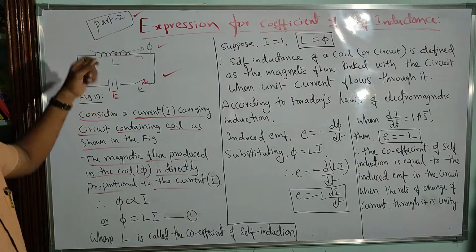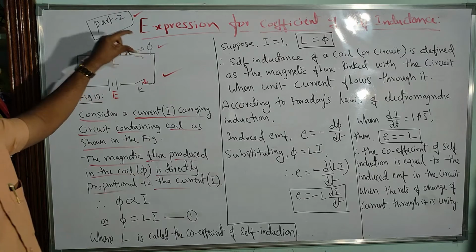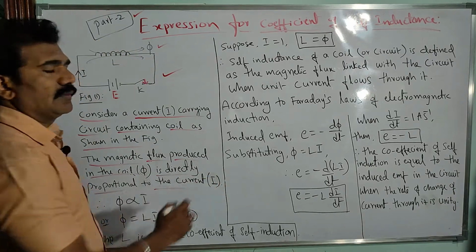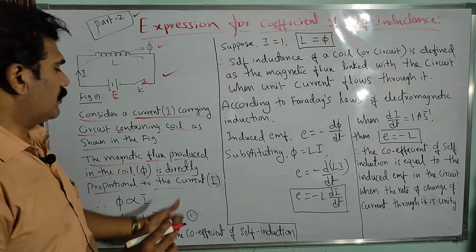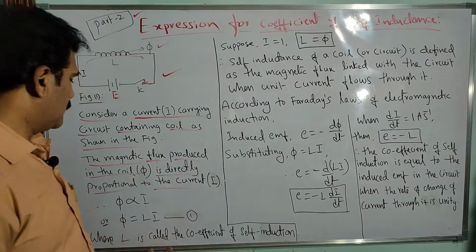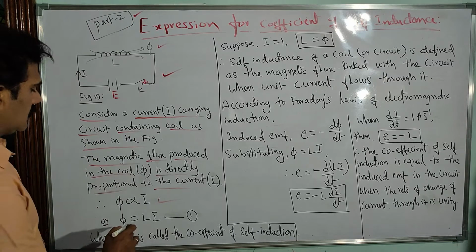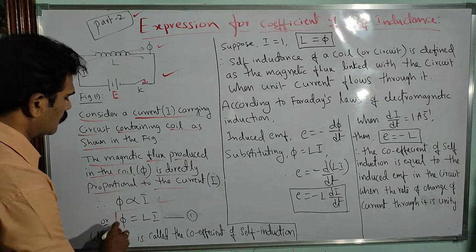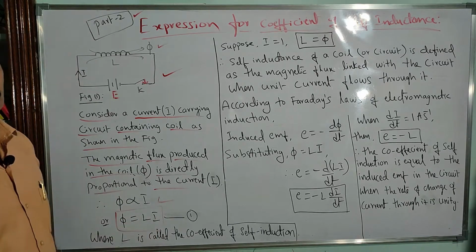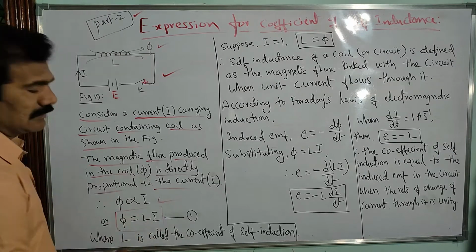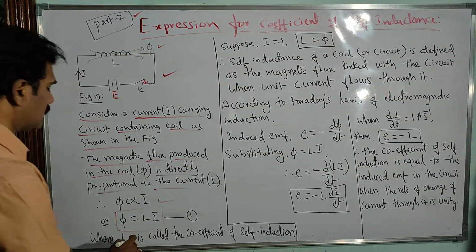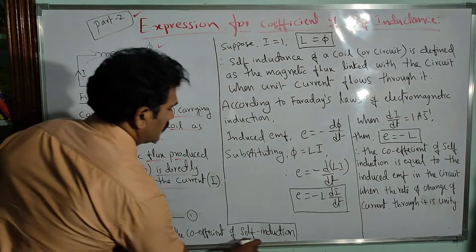The amount of magnetic flux produced in the coil is directly proportional to the magnitude of the current. So phi is proportional to I, and we can write it as the equation phi is equal to L into I, where this proportionality constant L is nothing but the self inductance.